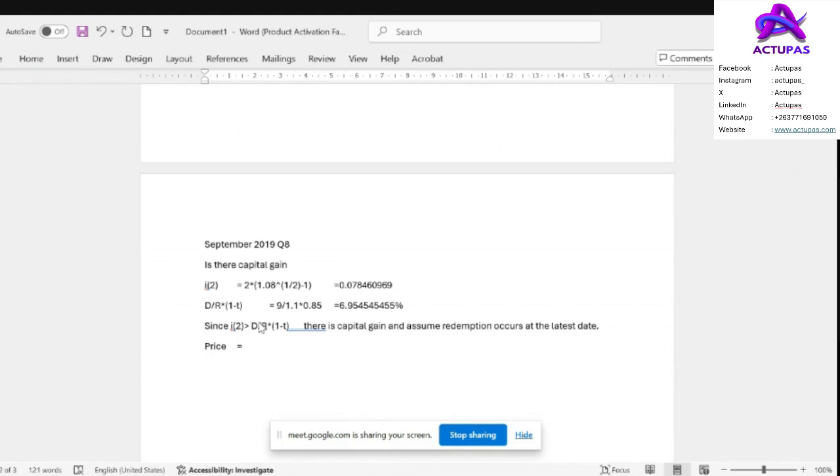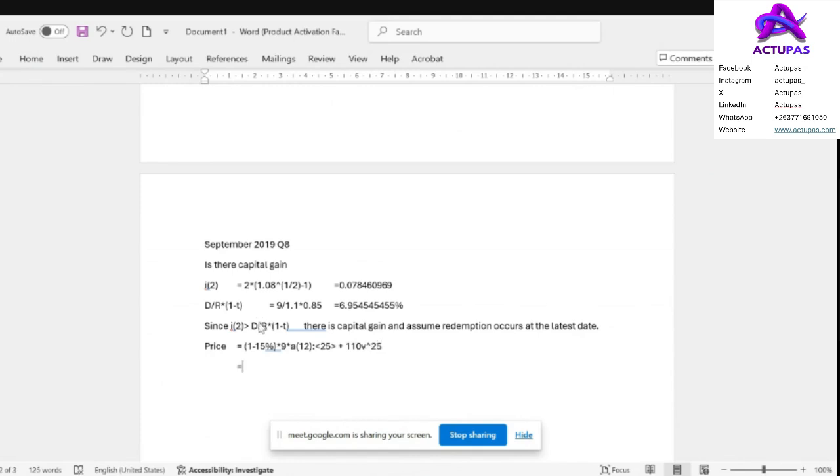1 minus T, 1 minus 15%, by our coupon rate per 100 nominal, 9, times our annuity. This is a25 because it's for 25 years, worst case scenario, plus 110 v to the power 25.